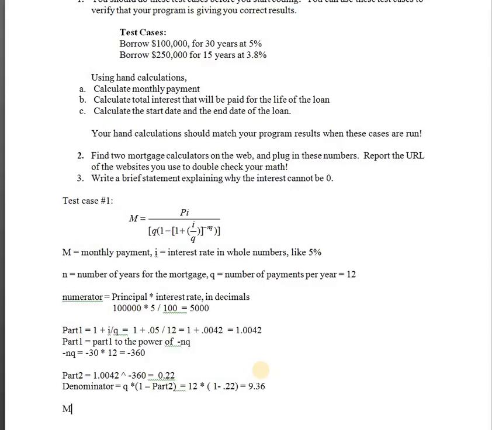So monthly payment is going to be numerator divided by denominator, which equals 5,000 divided by 9.36, and I spelled denominator wrong.